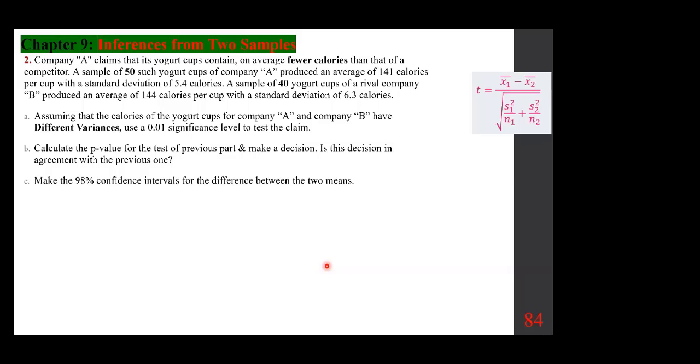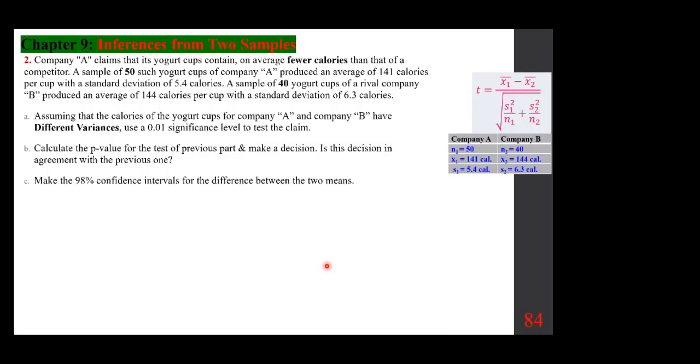Assuming that the calories of the yogurt cups for Company A and Company B have different variances, use a 0.01 significance level to test the claim. Calculate the p-value for the test of the previous part and make a decision. Is this decision in agreement with the previous one? Make the 98% confidence interval for the difference between the two means.